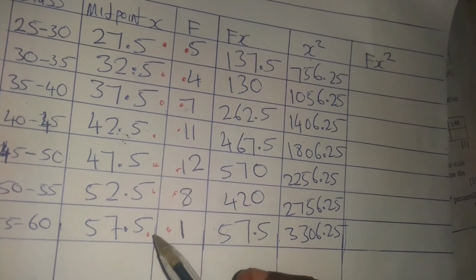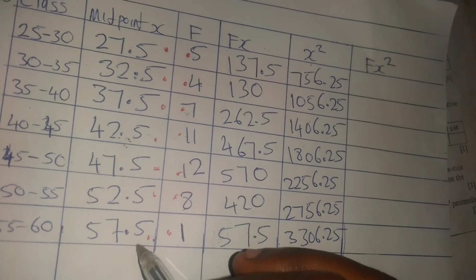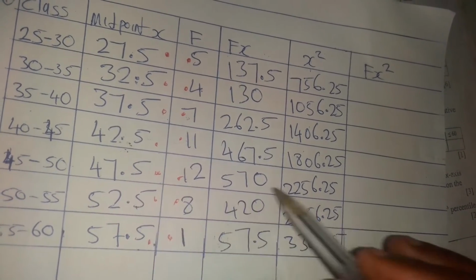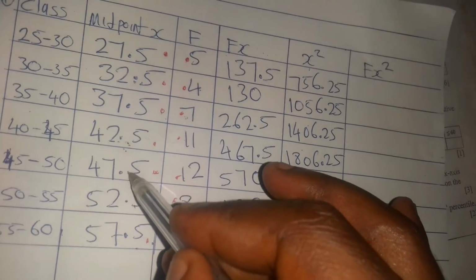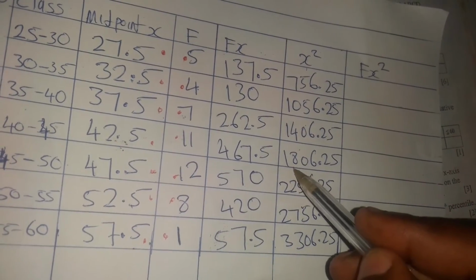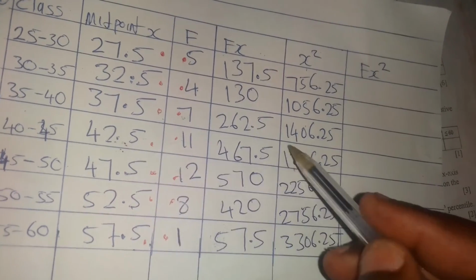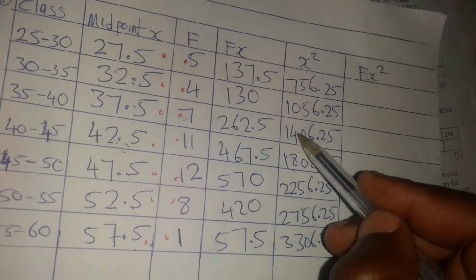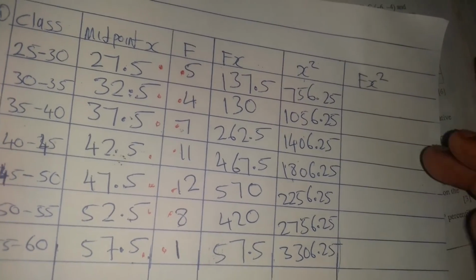Okay, when you square 57.5, you should be able to get this. When you square 52.5, you should get this answer. 42.5, this answer. 37.5, when you square it, you'll find the answer, just like the way I showed you.